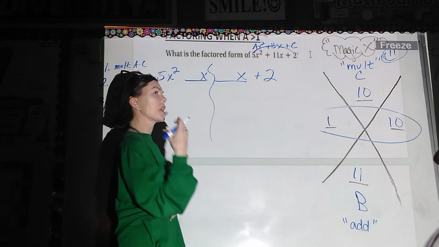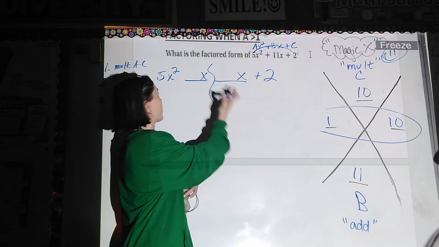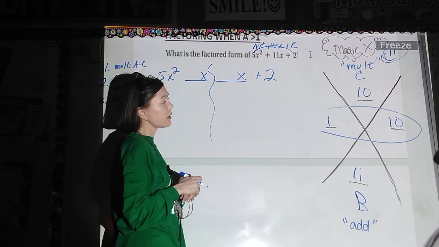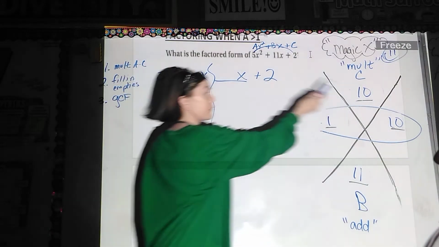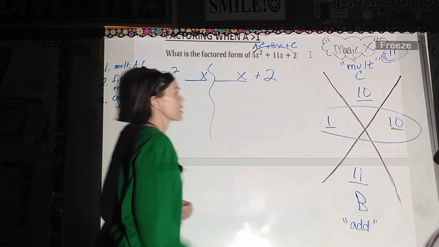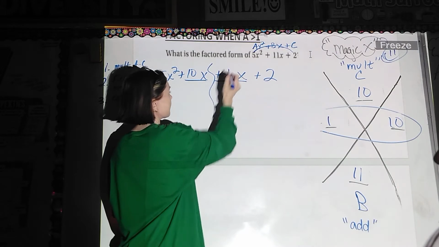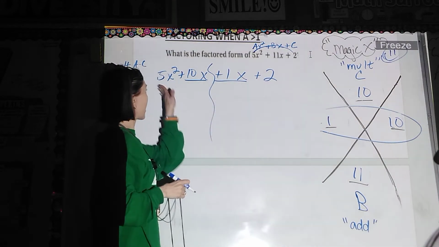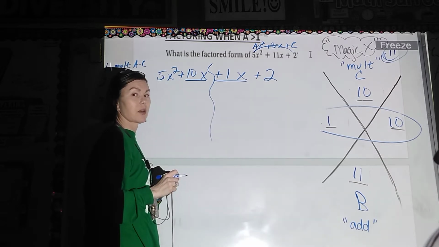So if we think in terms of greatest common factor, what number would go where? Looking at this number and this number, 5 is a multiple of 10. So I'm going to put the positive 10 here and the positive 1 here, because I want to put multiples with each other. That just makes sense.